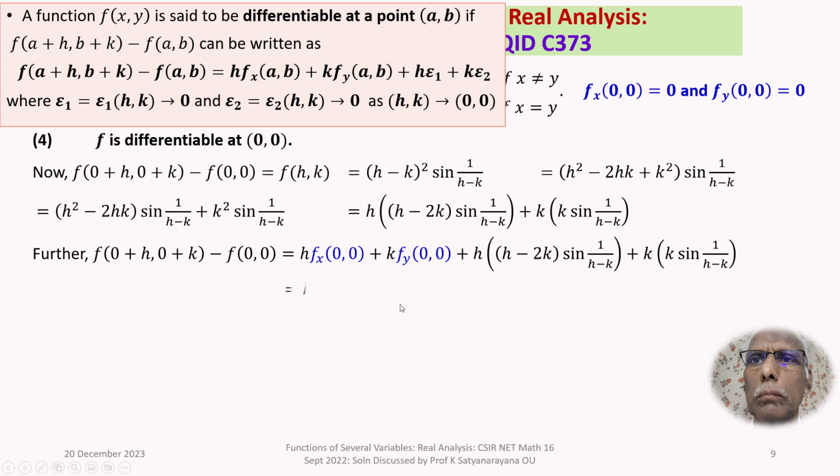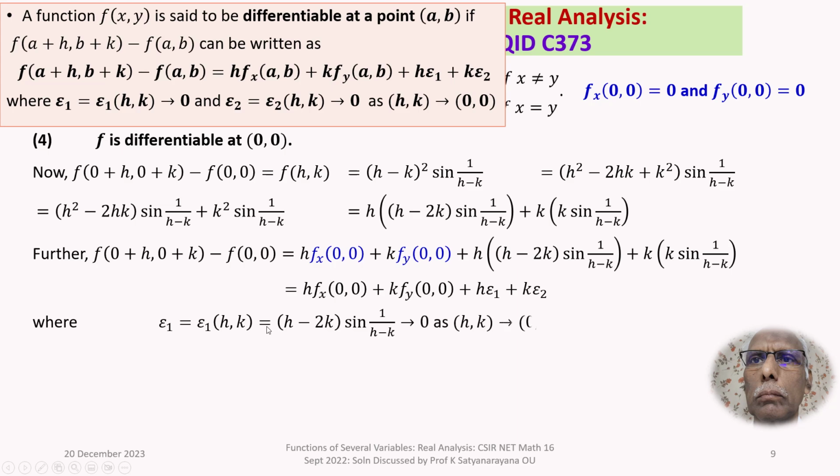Both fx and fy at 0 comma 0 are 0, as already computed. So that means this is h times epsilon 1 plus k times epsilon 2, where epsilon 1 is h minus 2k multiplied by sine of 1 by h minus k, which is a function of h comma k.